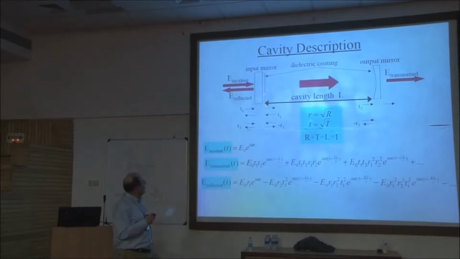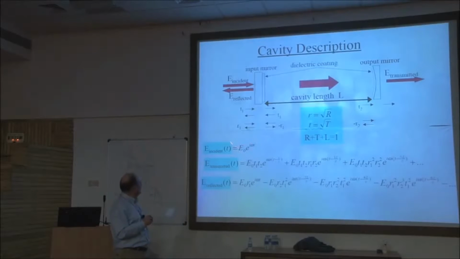So the things we need to pay attention to are the electric field transmission coefficient and reflection coefficient here, and the electric field transmission coefficient and reflection coefficient at the end test mass.